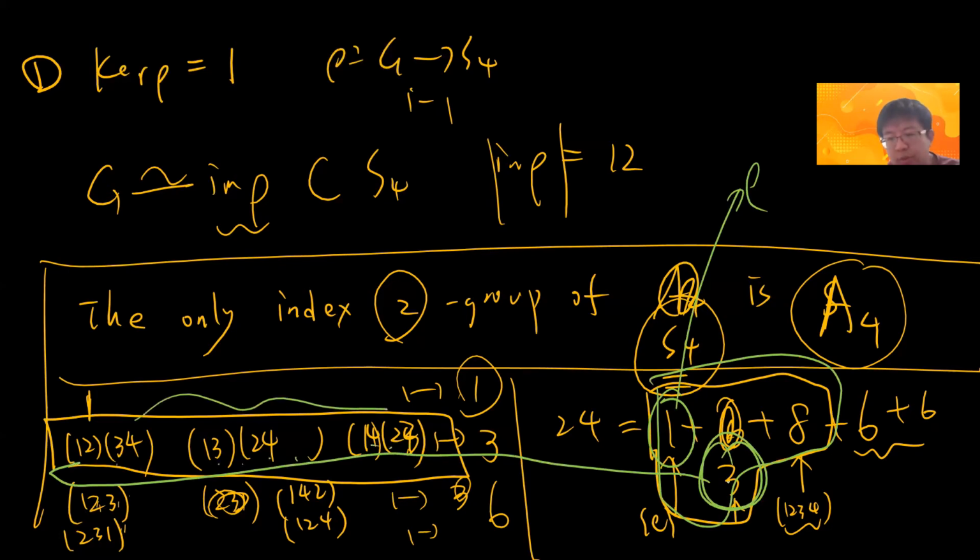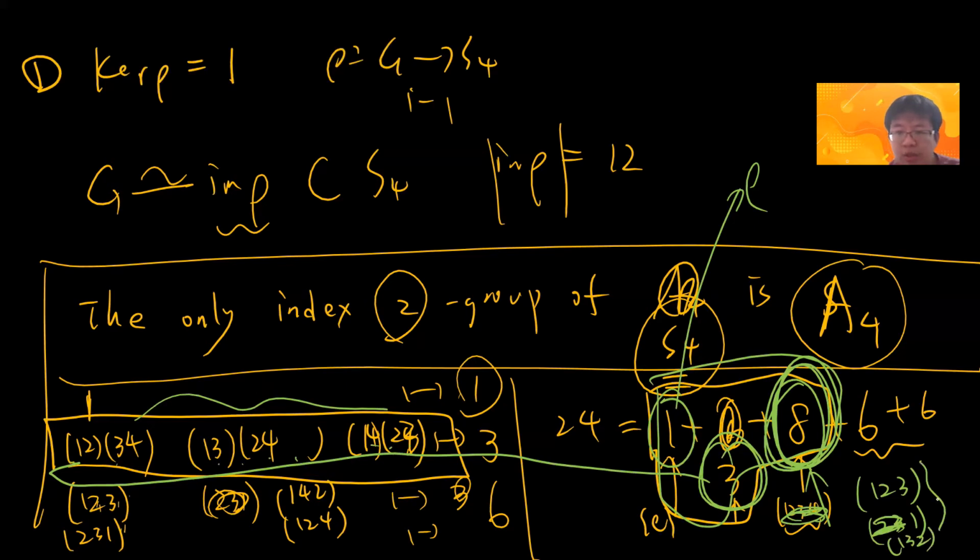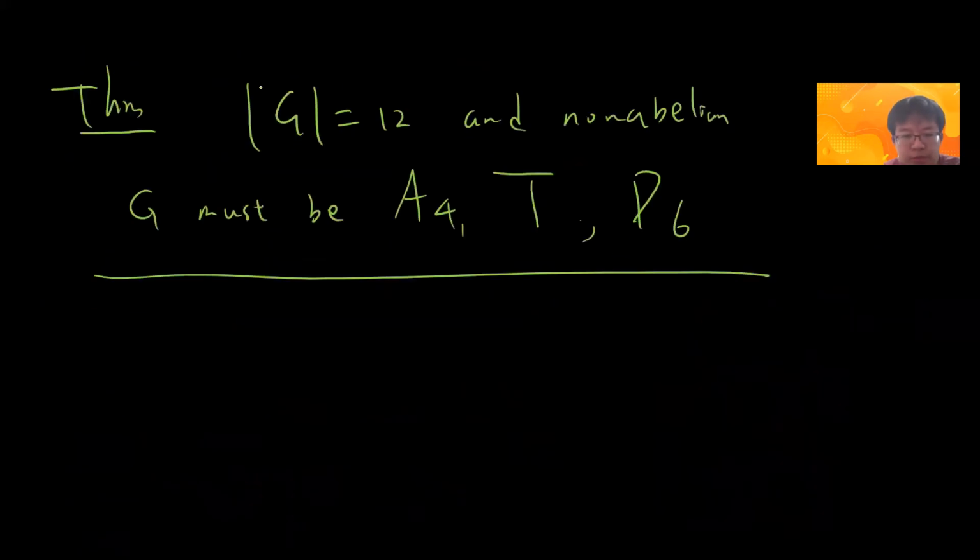These are all even permutations. And now you get 8: these 8 must come from 1, 2, 3, 2, 3, 1, and all the other 3-cycles, which are all even. So these are all the elements that A4 has. So from here, you get that the answer must be A4. So G must be A4.